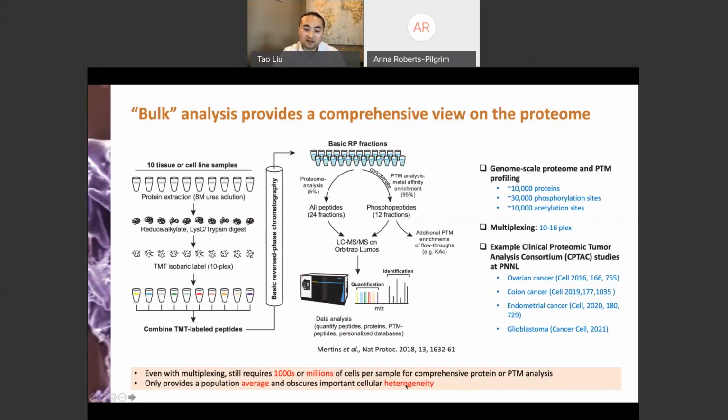But one obvious disadvantage is that you still require lots of material to work with in order to achieve comprehensive coverage. In the case of PTM analysis, it typically requires millions of cells per sample. One issue with this is that such analysis only provides a population average and obscures important cellular heterogeneity.